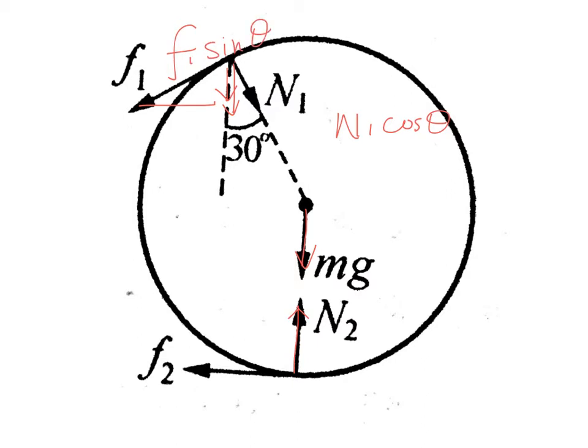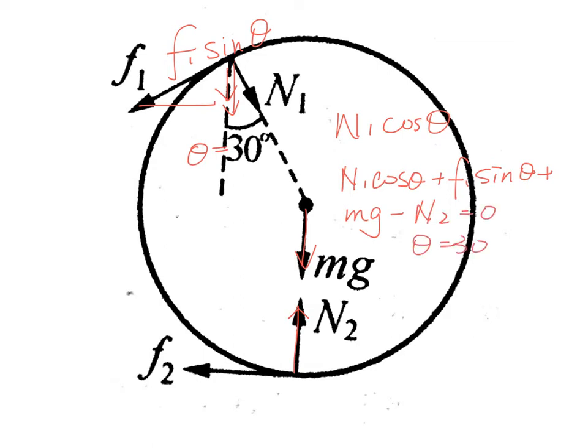Here, theta equals 30 degrees. So let's write our equation, which is N1 cosine theta plus F1 sine theta plus gravity minus N2 equals 0, and theta equals 30 degrees.